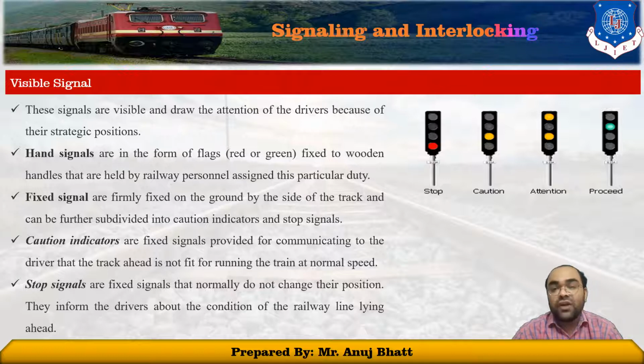They inform the drivers about the condition of the railway line lying ahead. Stop signals are normally used on railways as semaphore signals or colored light signals and some other such signals that we will discuss further in this lecture. So this is a brief on visible signals.